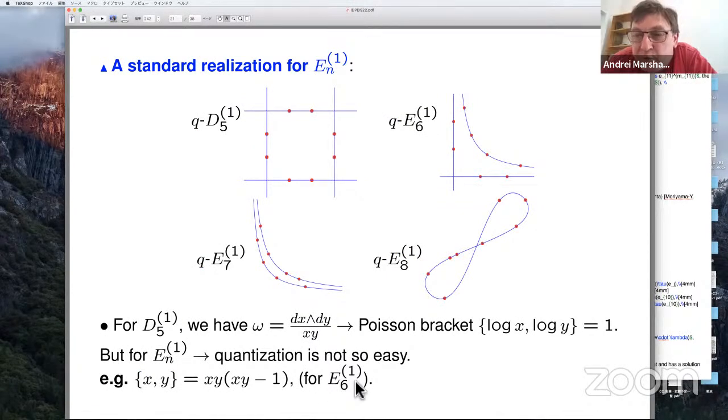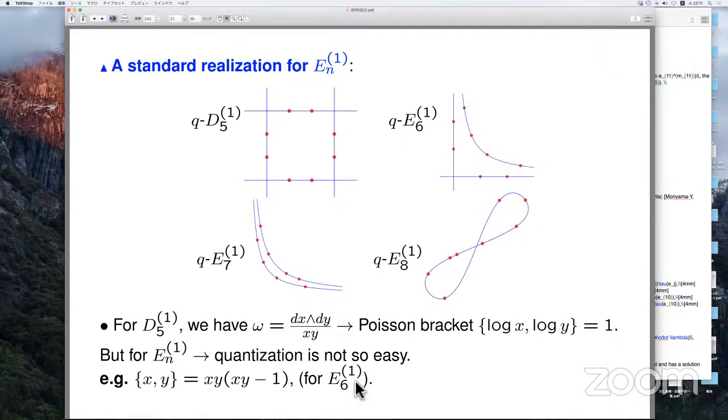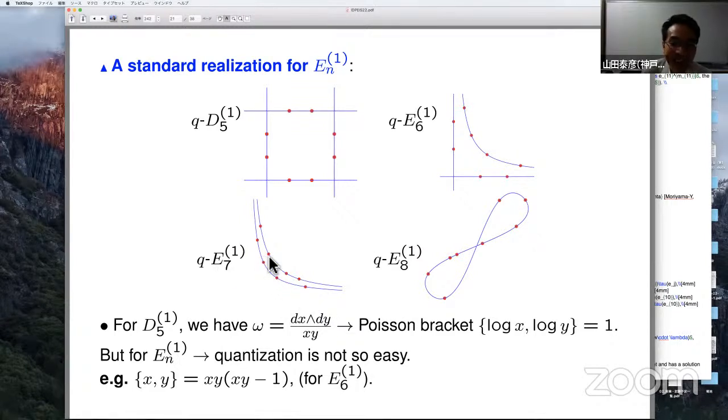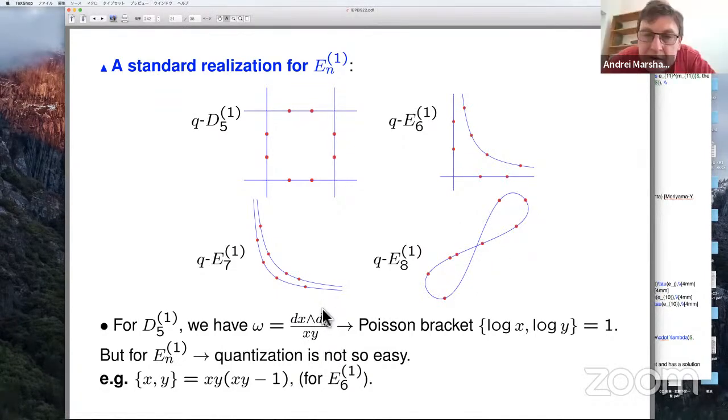The right-hand side of the Poisson bracket of X with Y. So in the E8 case, we have a nodal curve, and the pole divisor is the zero locus of this. The denominator is a non-trivial polynomial in this case.